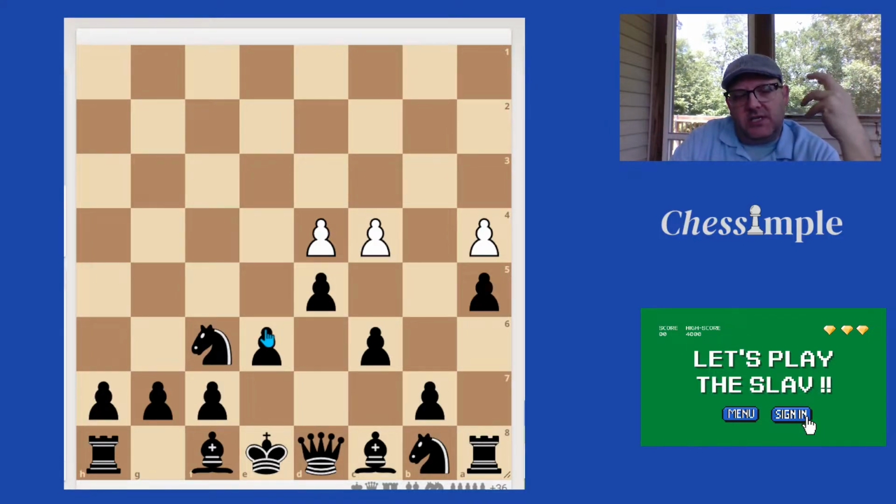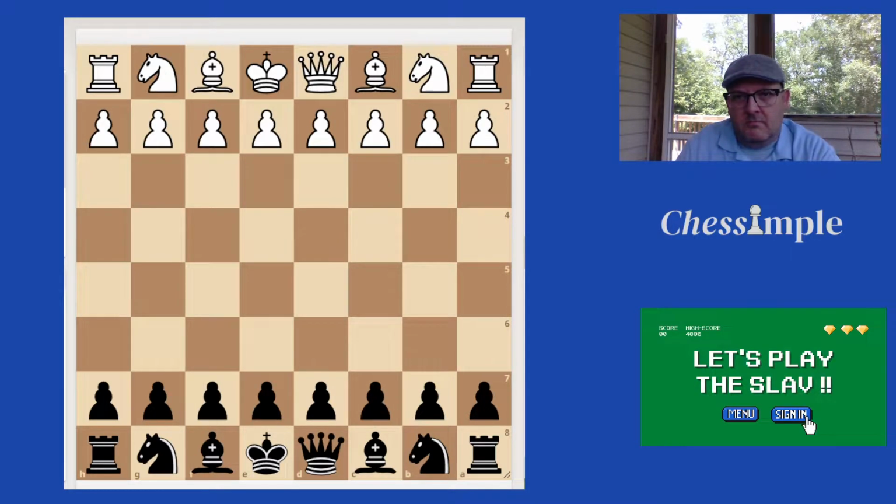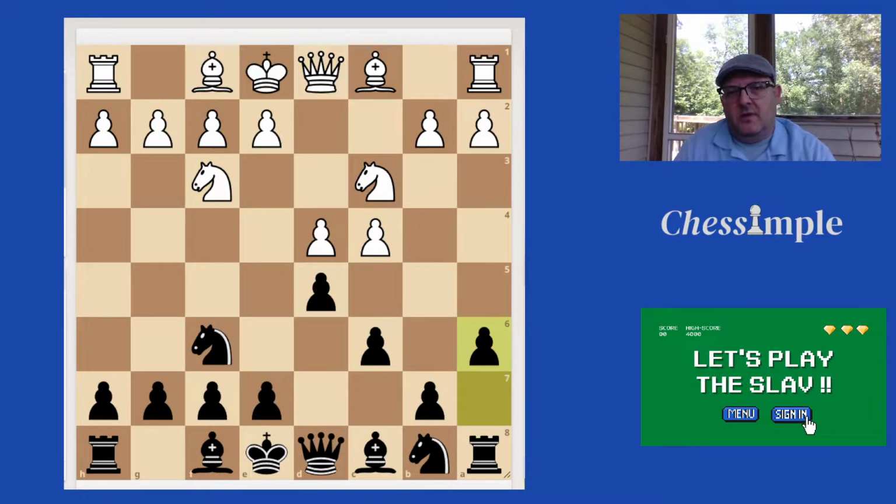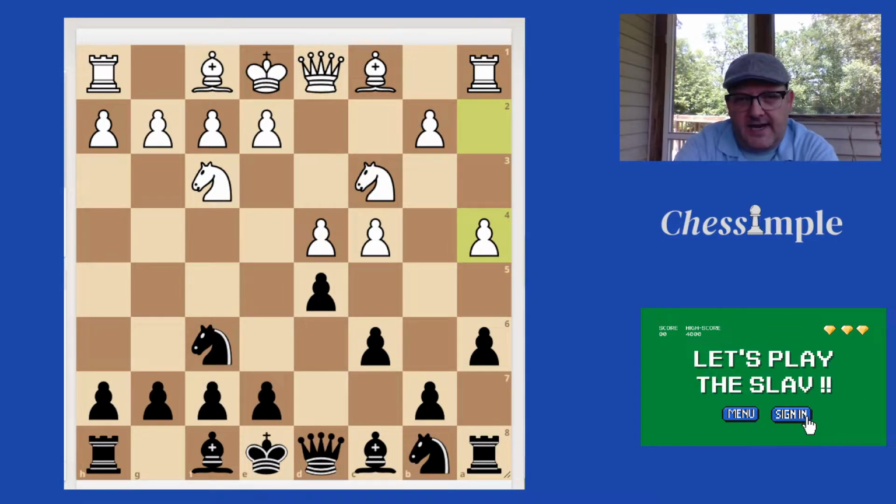I think one of the keys to understanding is when we decide to play e6 and lock in our light squared bishop. So let's look at how this would actually come about. So we're playing our Slav here, our Chameleon Slav. And how this would come about is if they played a4 right here on move 5.